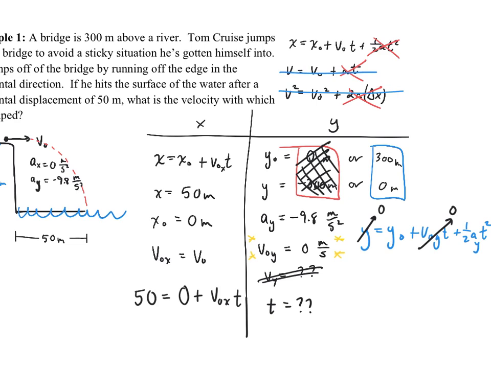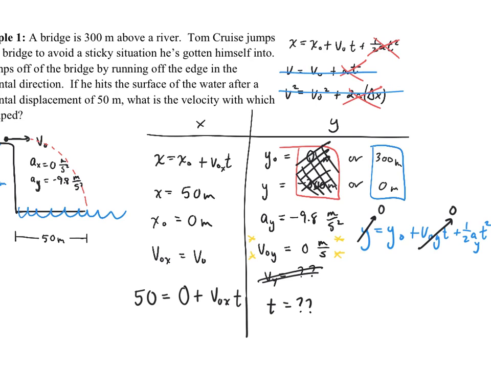The final height is the ground, which is 0. The initial height, well, that's 300, so we're going to use it. The initial velocity, as Vinny told us a little while ago, is 0 in the y direction. Again, what we just put these stars around, because it's only fired horizontally. So that drops off. ay is negative 9.8. This is known.